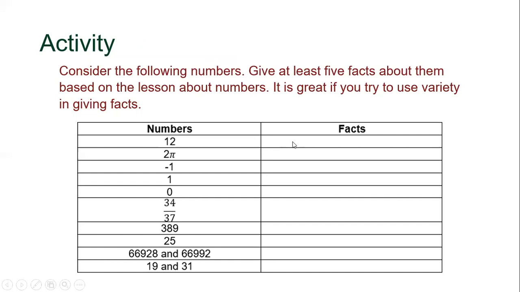For example, it is an even number. Then it is a rational number. That's 2. And then 3, the factors of 12 are this and that. So at least 5. You can give all the facts about these numbers based on our topic today.